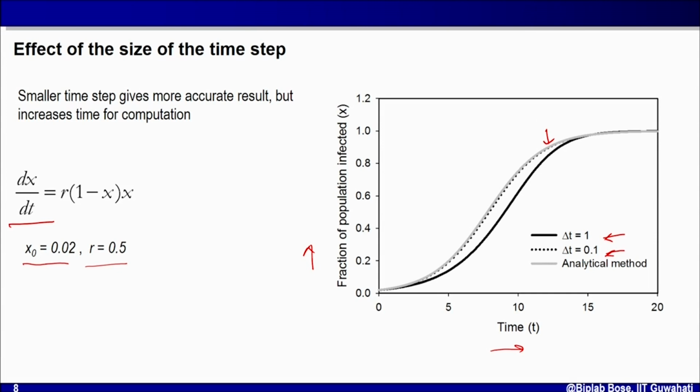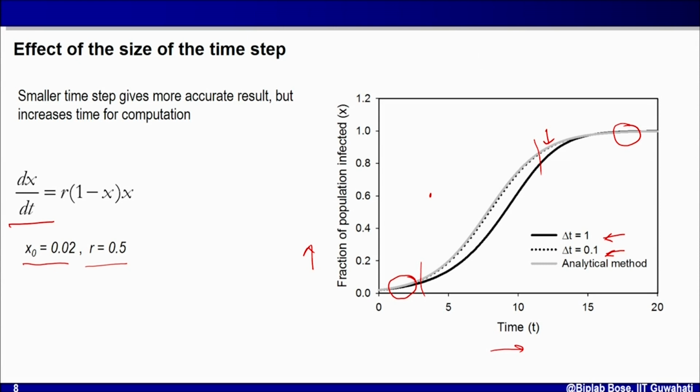As you can see, initially both the analytical method and both the numerical methods are giving similar results. At the end also, all these three match together. But in between here and here, you can see there is a difference between the different methods. When delta t is 0.1, it is almost the same as the analytical method.